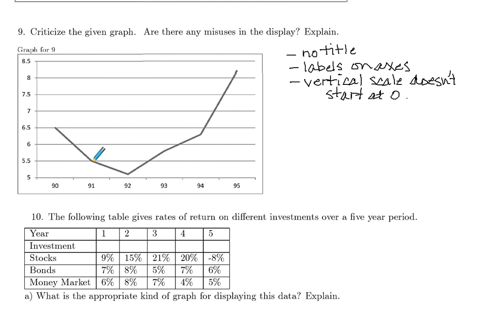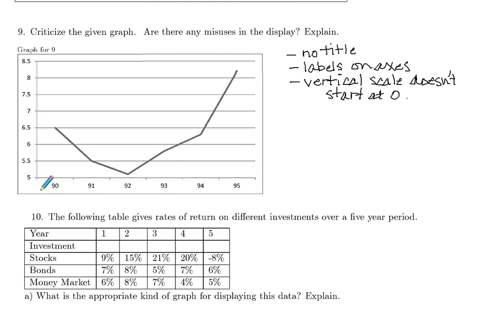For example, it makes the point on the line graph in 1990 look like it's 3 times as high as it is in 91, but that's not the case. It's 6.5 here and 5.5 here. That's certainly not 3 times as much. It could be that they took out part of that scale for a reason, but they haven't shown us. They just started at 5.